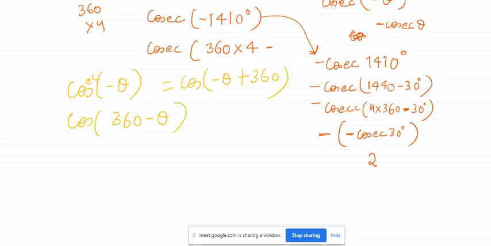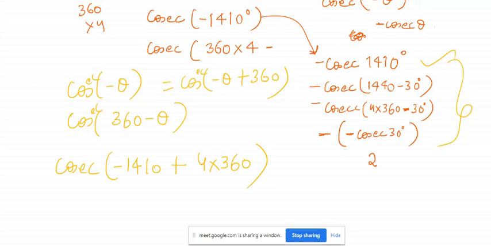Here you have cosec, so instead of changing it in this way, which became very big, you can also write it as cosec of minus 1410 plus 4 times 360. So you can do it in this way as well. Here you will get just cosec 30, which is much easier, and you'll get 2.